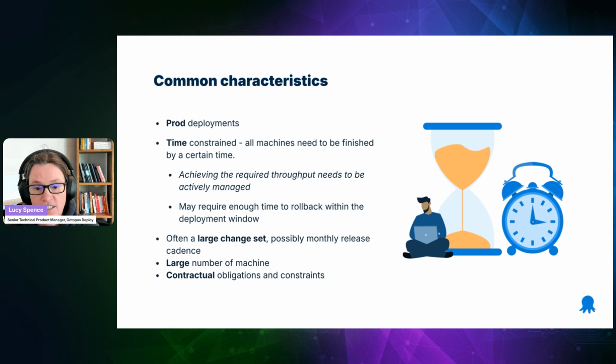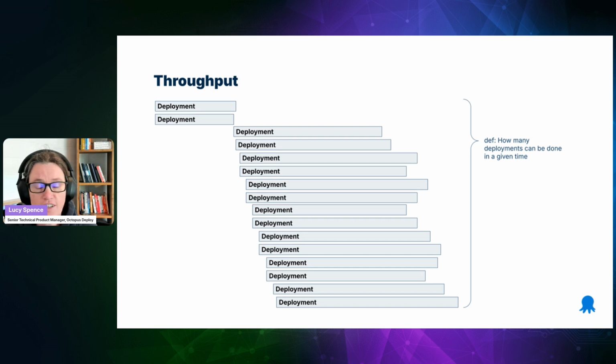You need to manage it when the tool isn't being used, and you've got a lot of things that you need to update all in a specific set of times, and there's quite a lot of coordination around that. And so this is where throughput becomes the interesting challenge, and this is really where we're going to spend the time today.